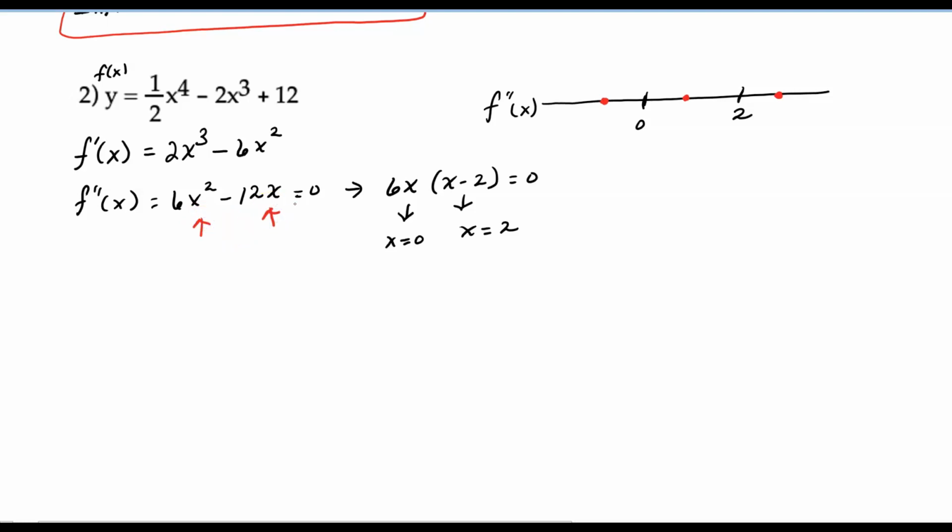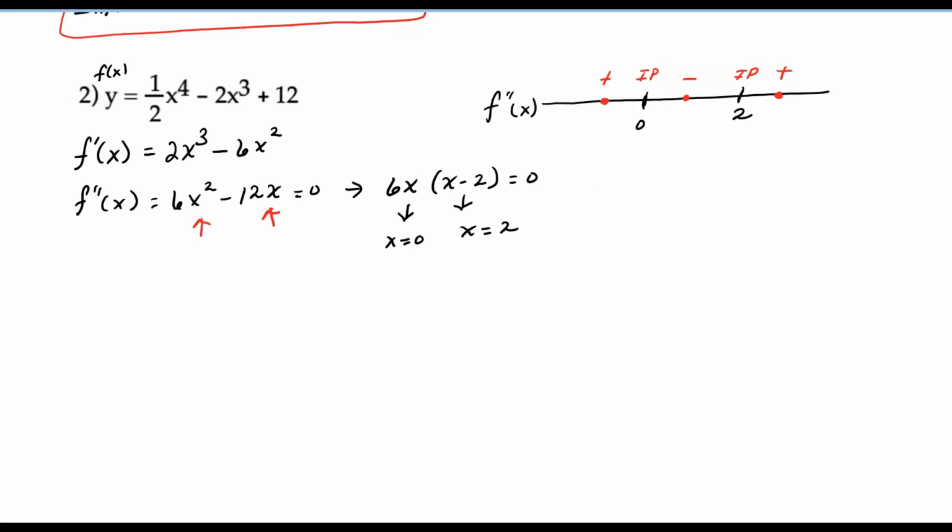All right, so you can pick numbers like -1, 1, and 3. Those would be good, but I'll leave you to that. You can pick whatever you want, but just verify with me. This is positive, negative, and positive. So these indeed are what we call inflection points.